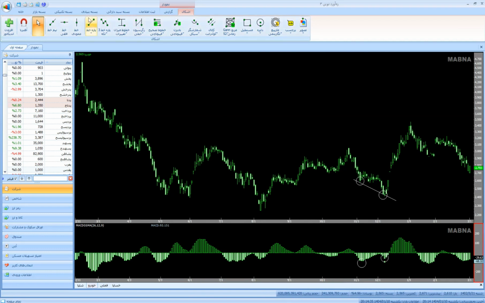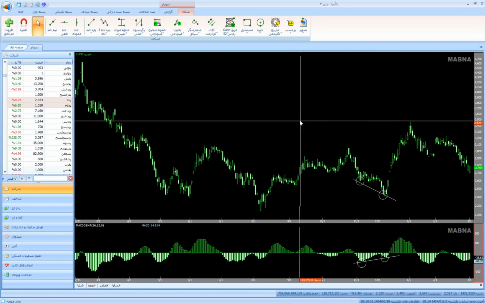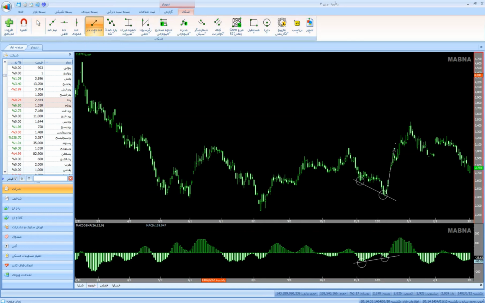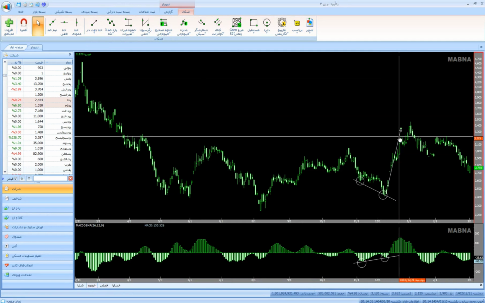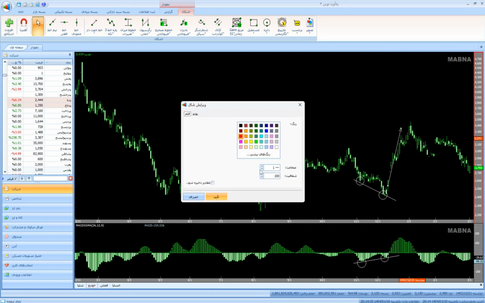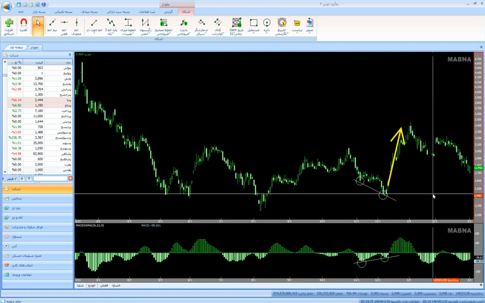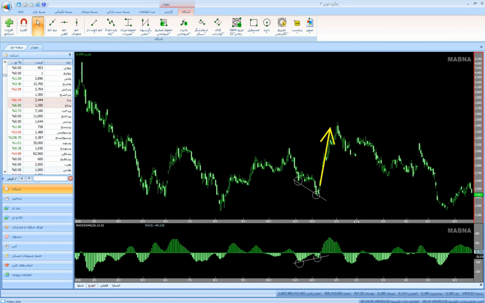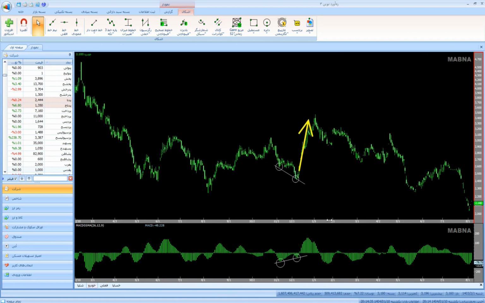A line with a positive slope is formed from the geometric location connecting these two valleys. Therefore, the phenomenon of positive divergence is exactly observable here, where from the second valley we should witness the growth of the stock's price chart. We are also seeing this growth with strength. Well, this is an example of a positive divergence phenomenon that we are seeing on the stock's price chart.